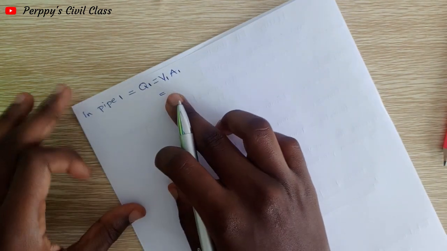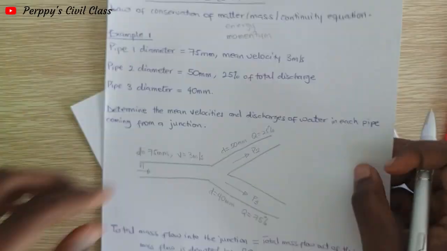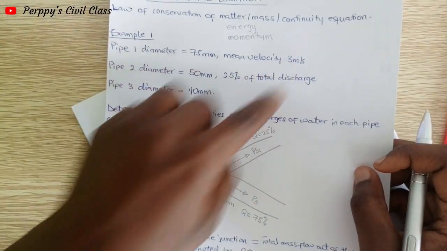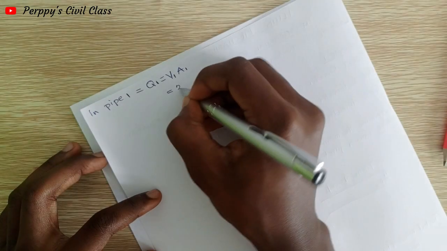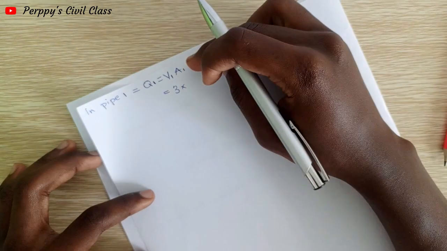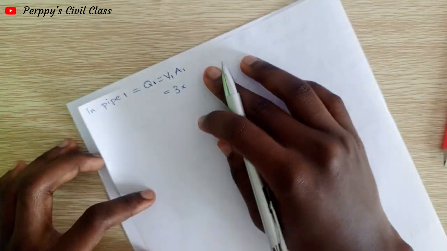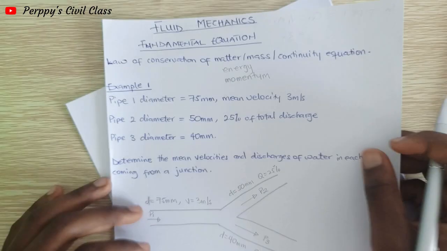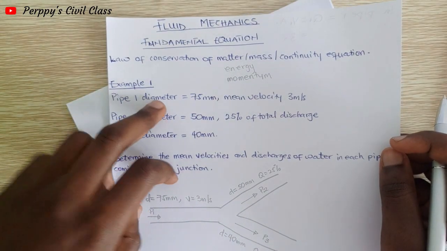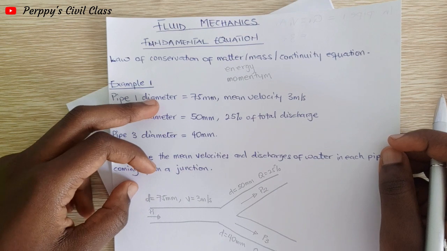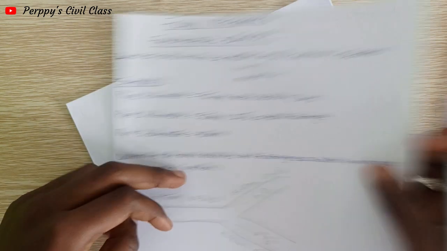We know our mean velocity of pipe 1 to be 3 meters per second. We don't know the cross-sectional area, but we know the diameter, so we can use the diameter to calculate the area.